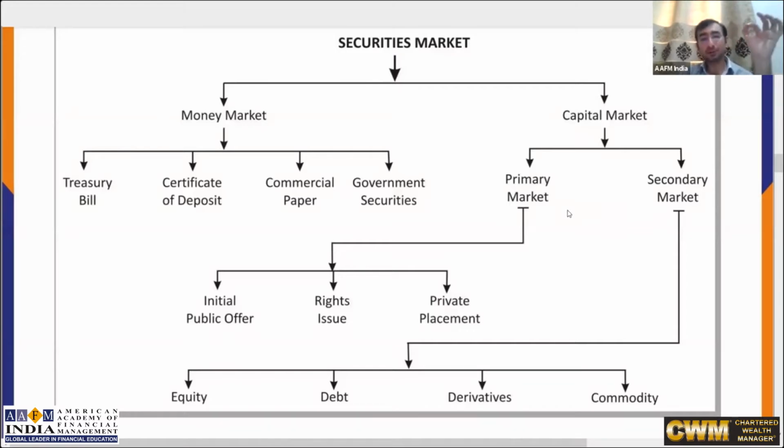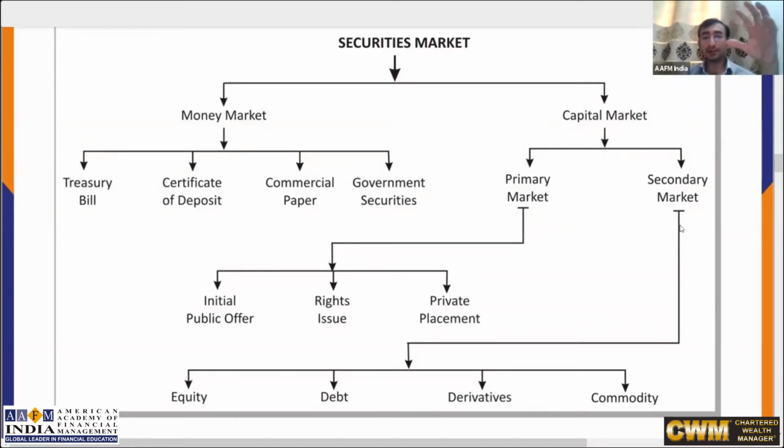So like your IPOs, initial public offerings, rights issues, bonus issues, private placements. These things we will discuss in more detail when we talk about equities. So you have different issues where you are buying the securities directly from the issuing company. So these are primary market instruments.